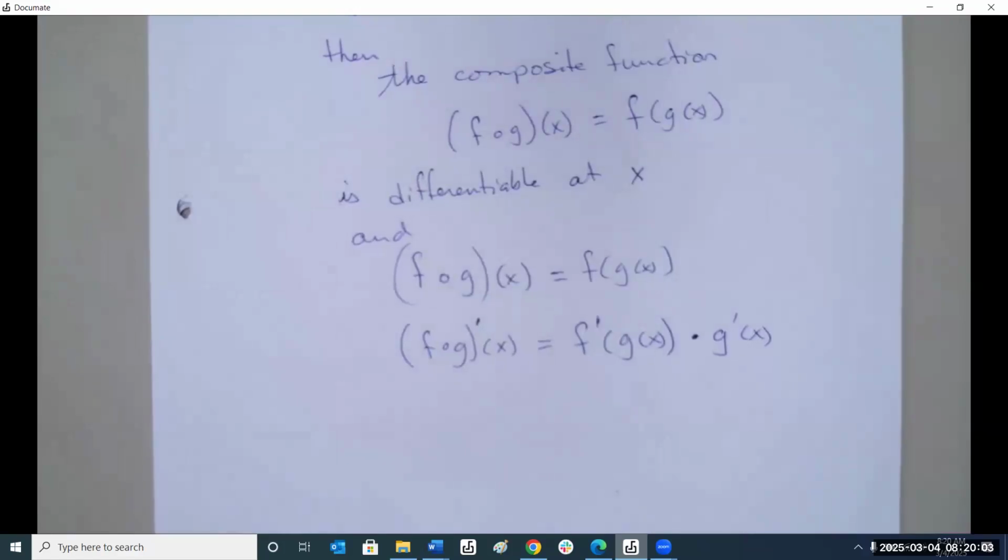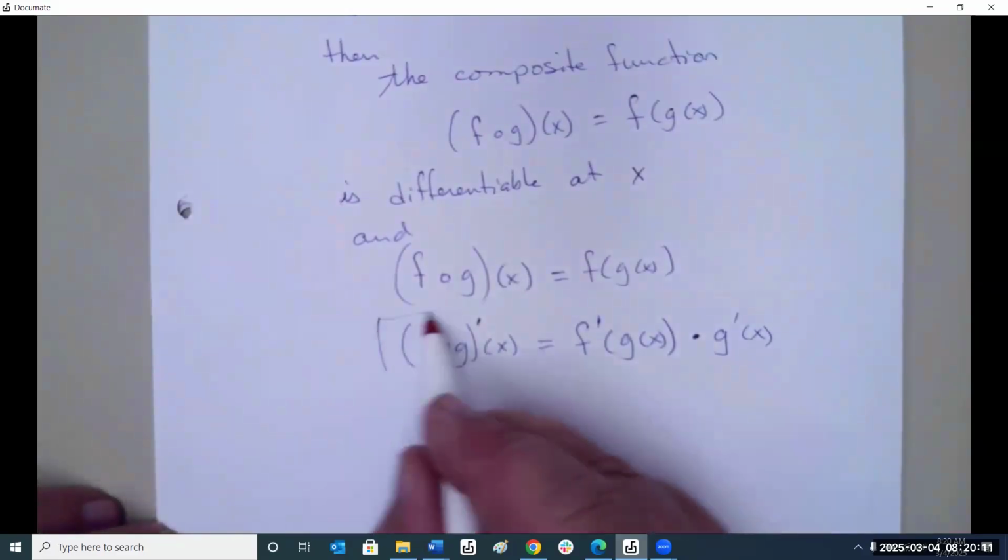There is the shortcut. Take the derivative of the outer function. So you don't have to do the du dx anymore. So this is our shortcut.